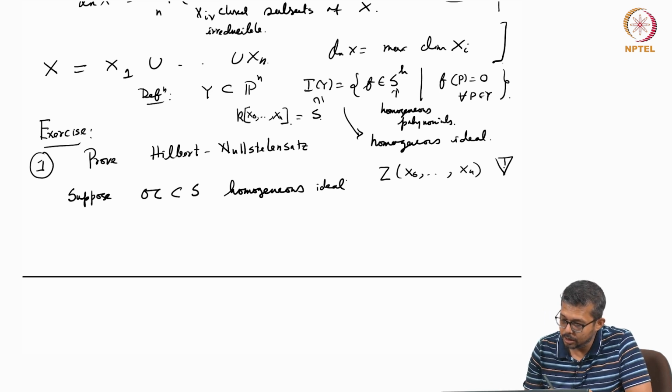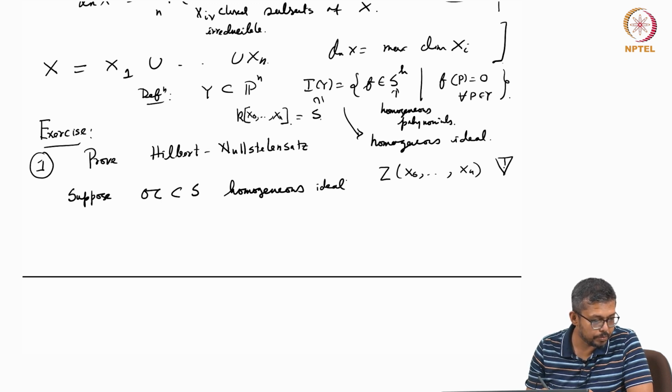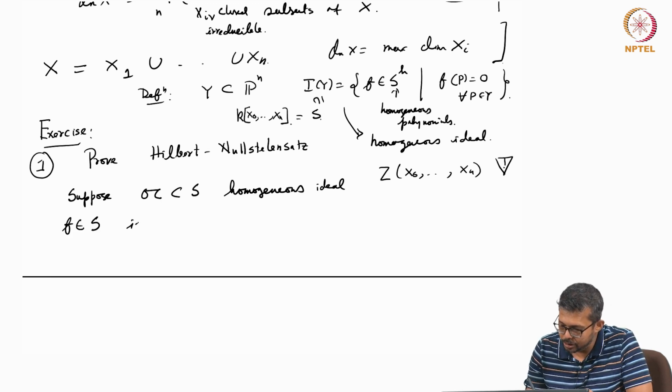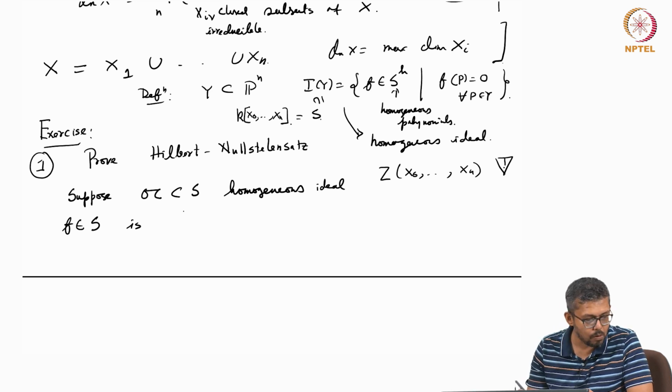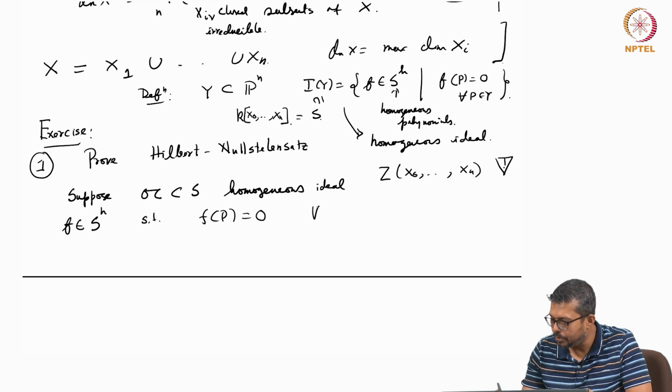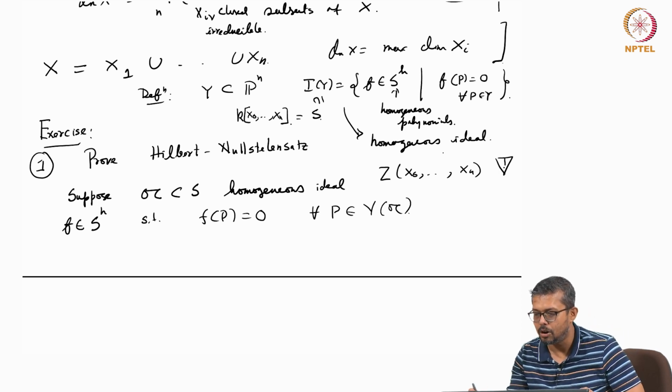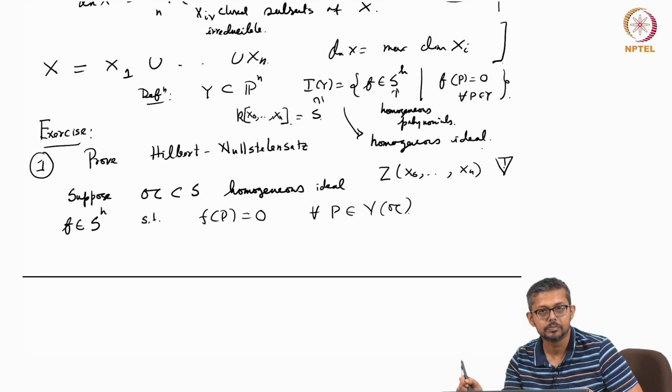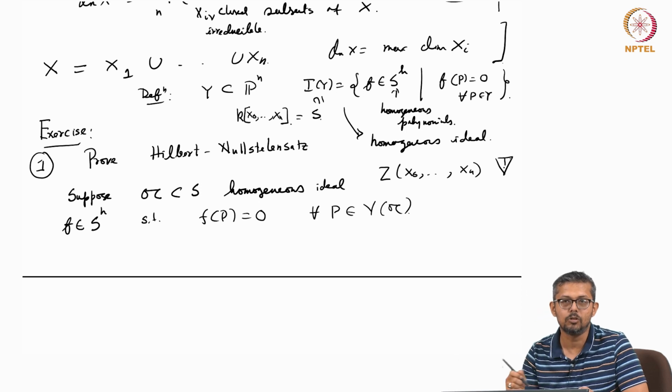Okay. So suppose E is a homogeneous ideal. Then suppose f in S is a homogeneous polynomial, f is a homogeneous element, f belongs to S_H, such that f of p equals 0 for all p belonging to the zero set of E. So now when I take a homogeneous ideal, this ideal is not (x0, x1, ..., xn), because otherwise there is no point, right?